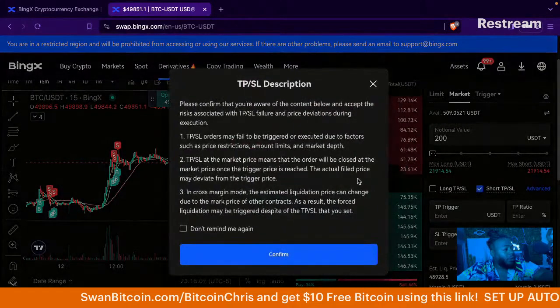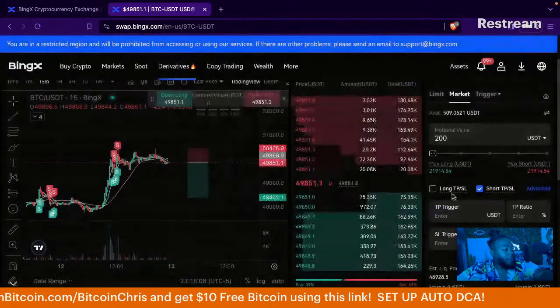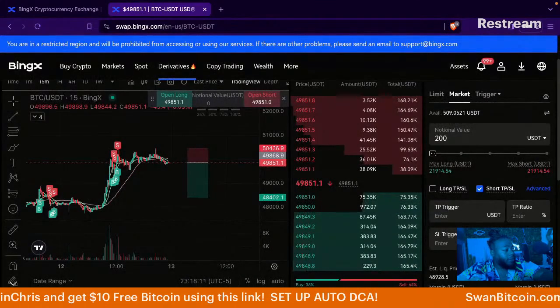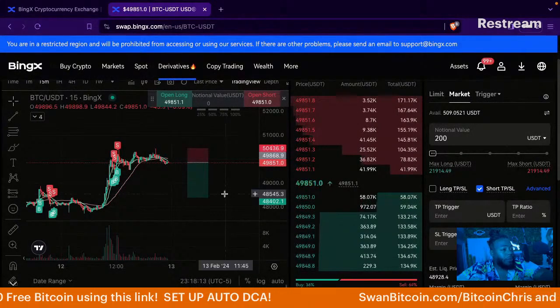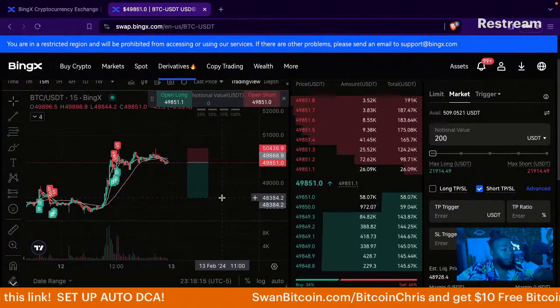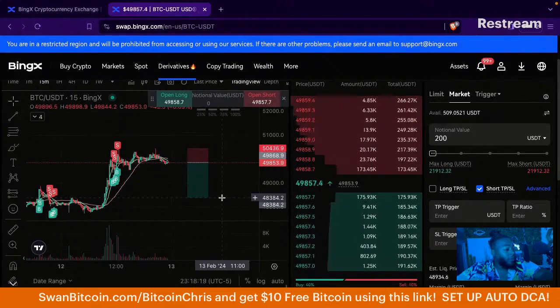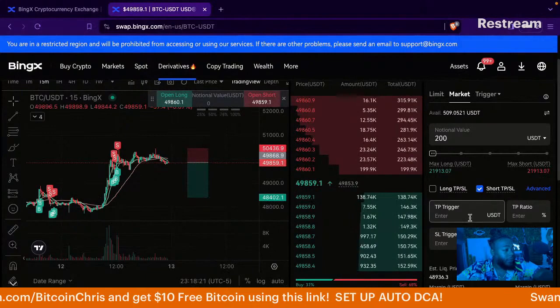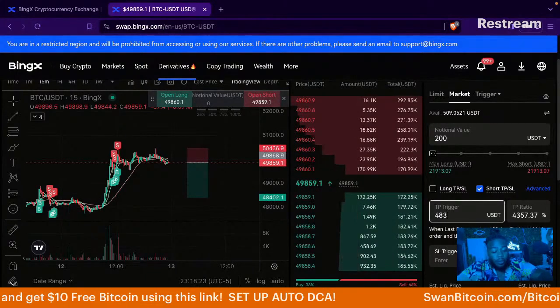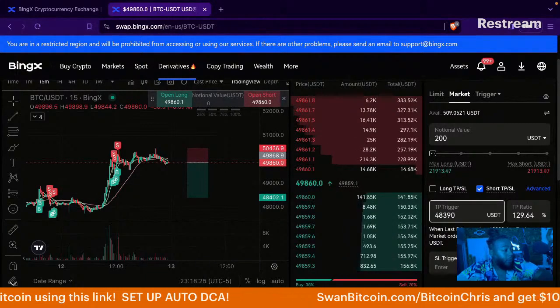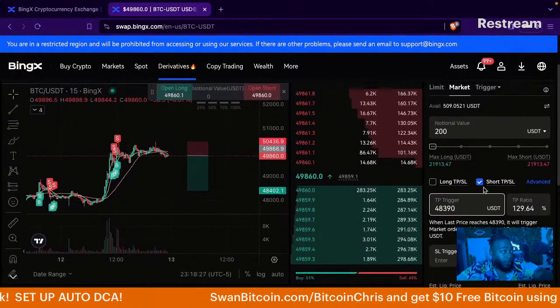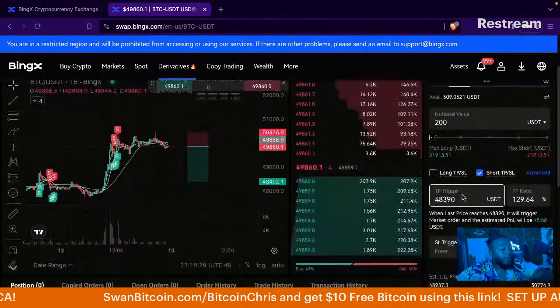So short, you're going to click here, take profits, stop loss, right? So I would look here and say, all right, 48,384. So 48,390 just to be safe. You would make 129% because I'm using 44x leverage.